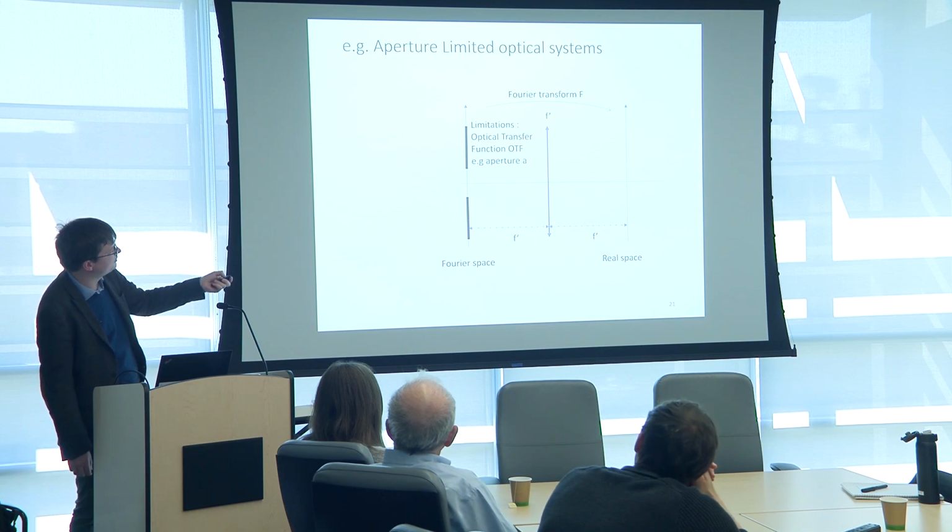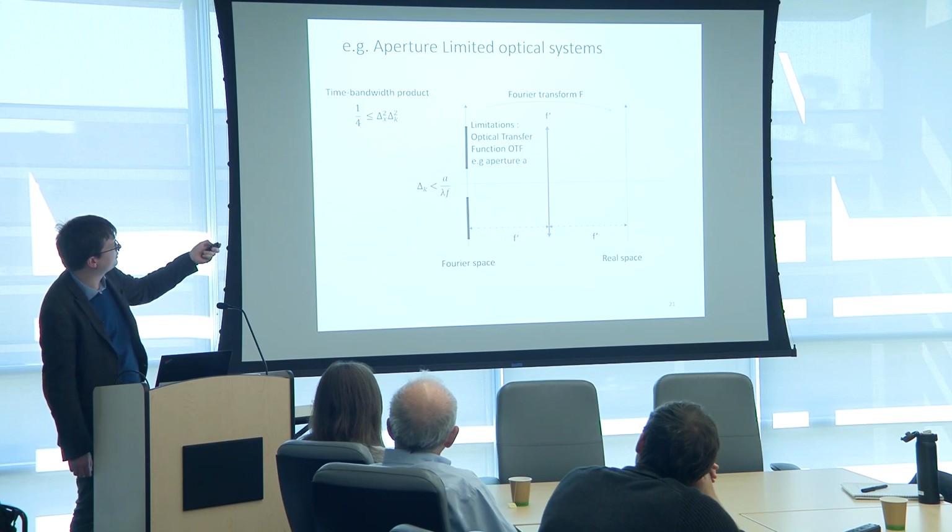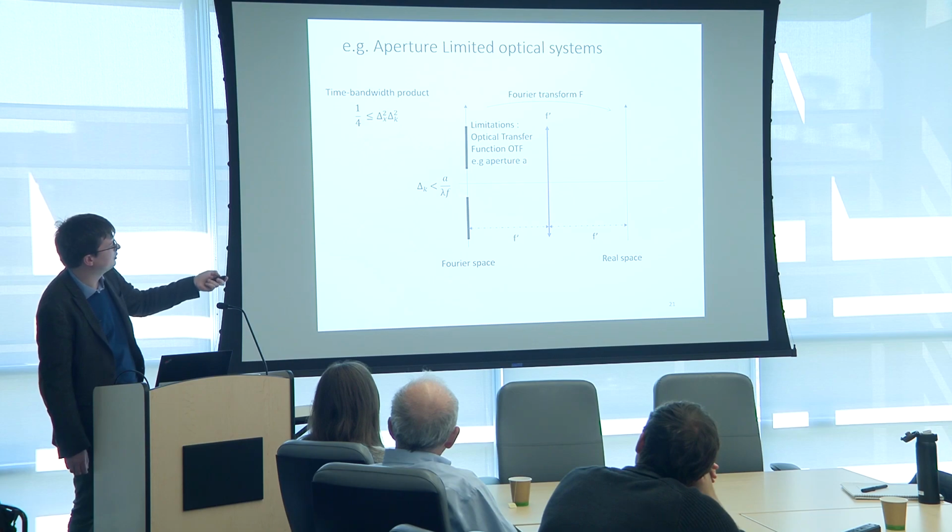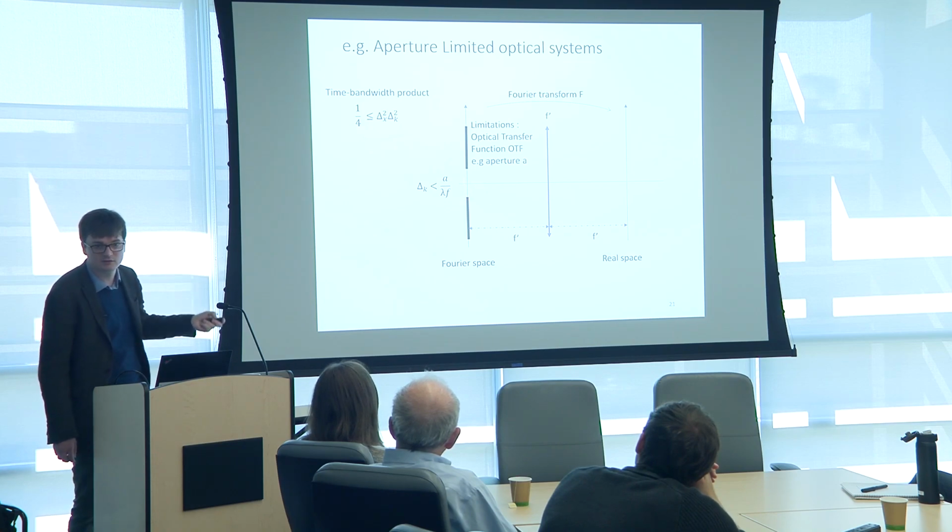What you can see also is that the system that limits the aperture defines your point spread function. Your time bandwidth product, for instance, tells you that the extent of a field in the real space here, let's say x, and the extent of the field in the k space here, which will be your Fourier space, are related by this time bandwidth product.